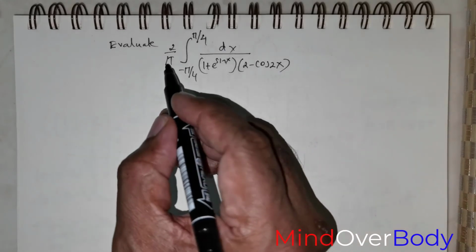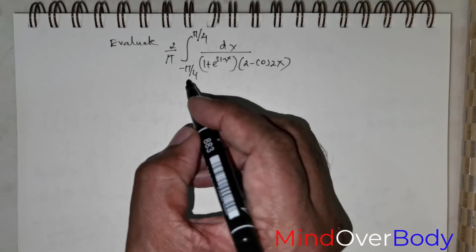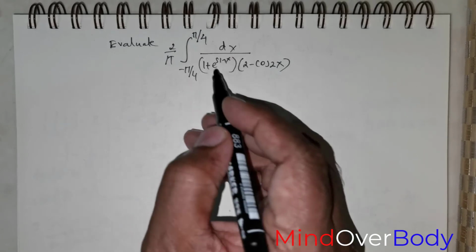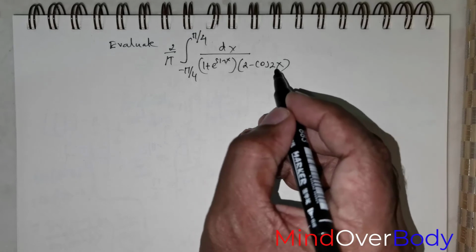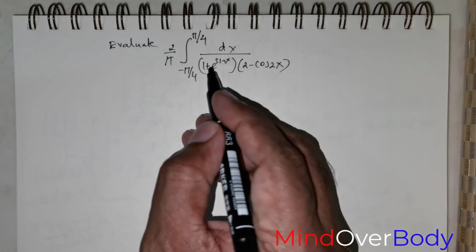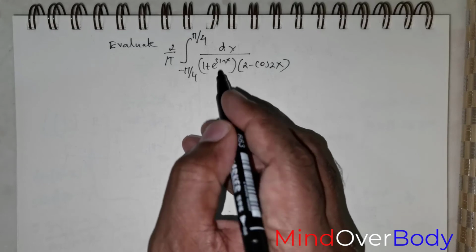Students, we are given this question. We are expected to evaluate 2 over pi integral negative pi over 4 to pi over 4 dx over 1 plus e raised to the power of sin x times 2 minus cos 2x. I've already mentioned to you how to get rid of this 1 plus e raised to the power of sin x.